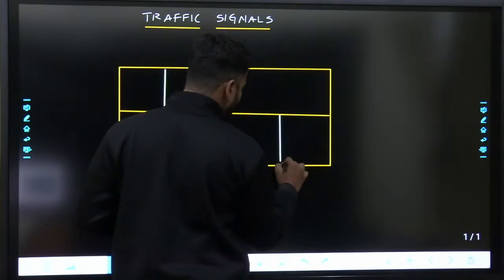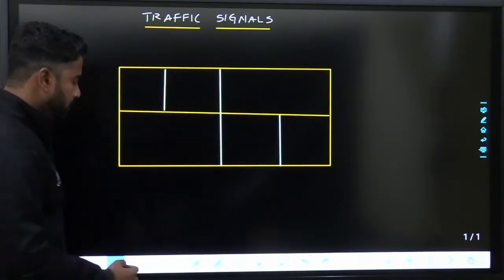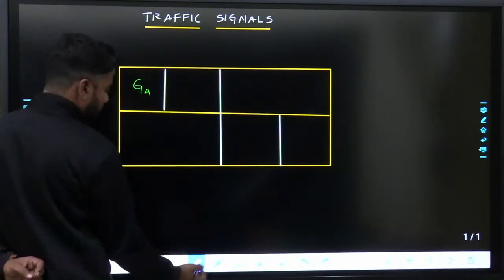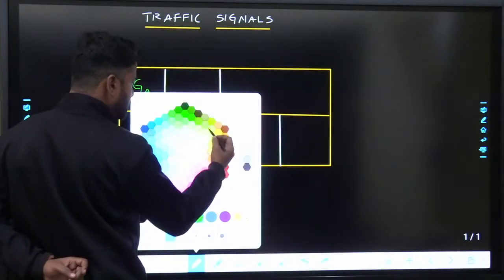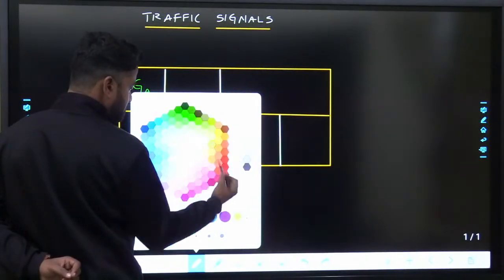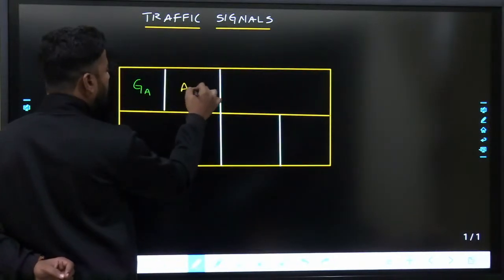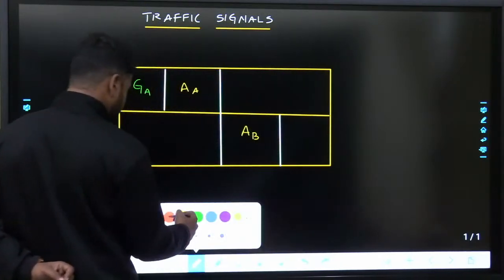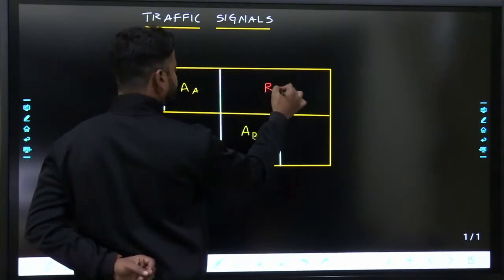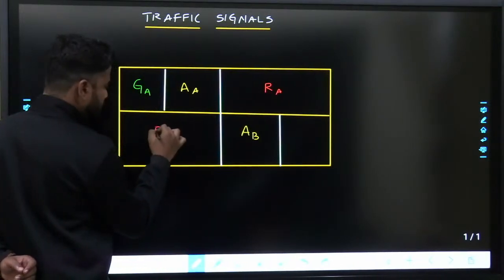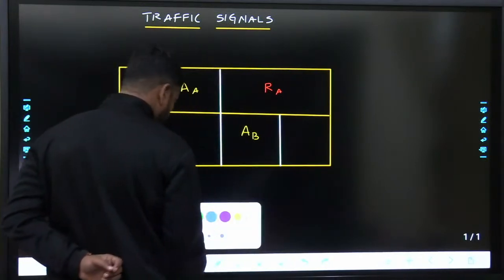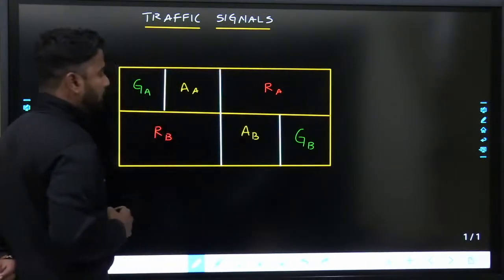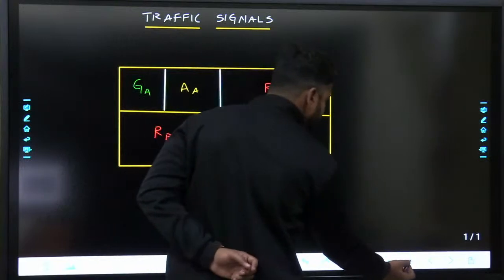If I am designing a two-phase system, let us say, then generally there will be green color, okay, a two-phase system or phases.